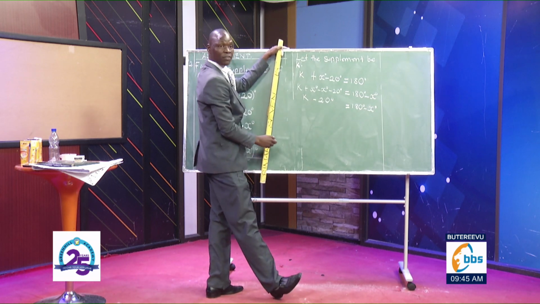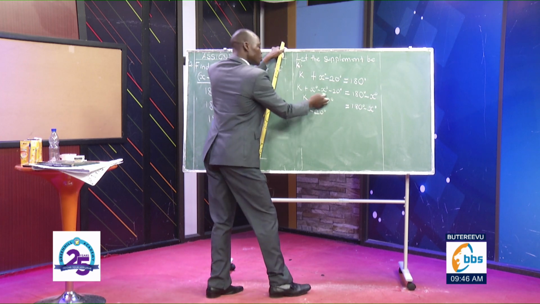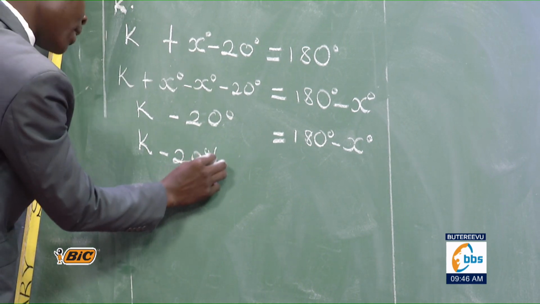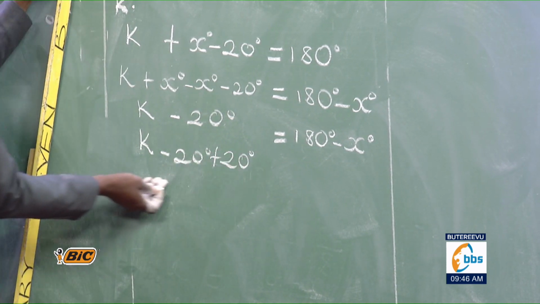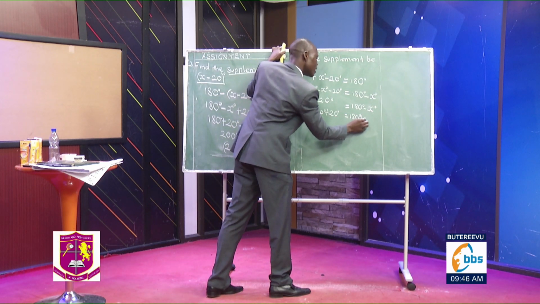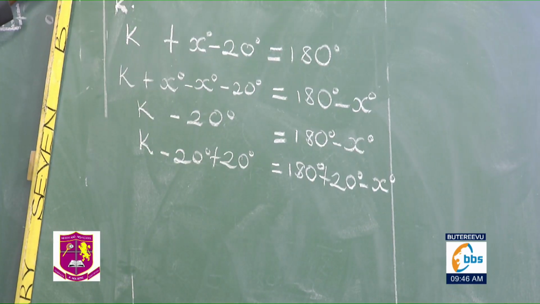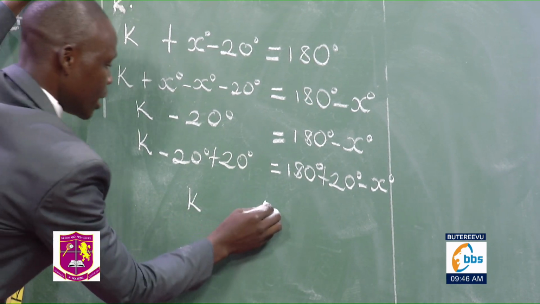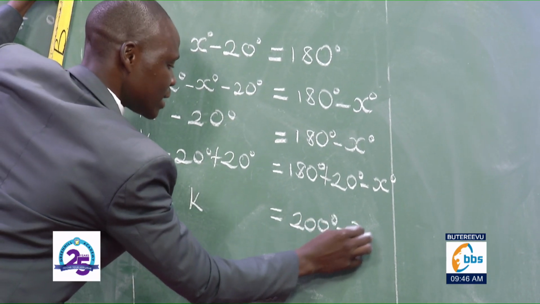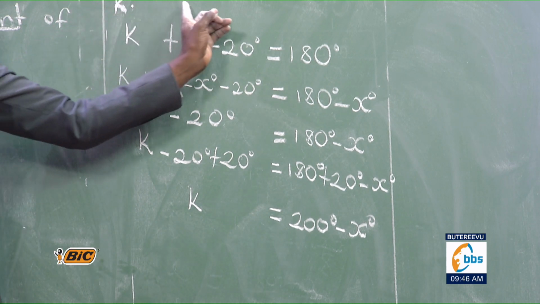Formation of your digits is very vital. So here we shall have k minus 20 degrees. We also take this minus 20 to the other side. The additive inverse of minus 20 degrees is plus 20 degrees, so that you get a 0 here, which is equal to 180 degrees plus 20 degrees minus x degrees. Our k along this side is equal to 200 degrees minus x degrees. Remember, you said let your supplement be k.